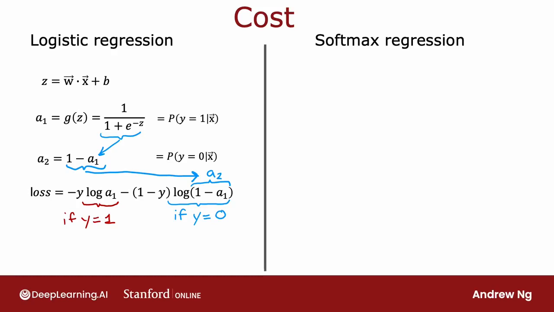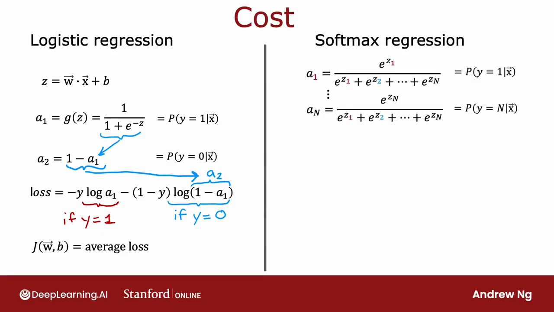Then, same as before, the cost function for all the parameters in the model is the average loss over the entire training set. So that was the cost function for logistic regression. Let's write down the cost function that is conventionally used for softmax regression.